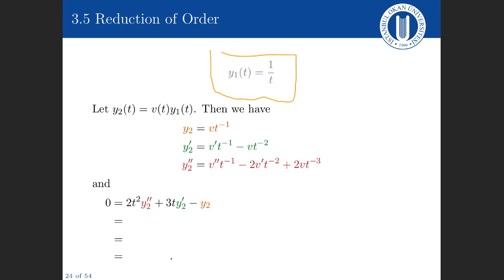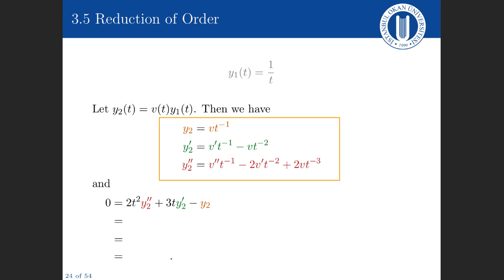Here's y1. y1 is 1 over t. We're going to start with the guess y2 is equal to v multiplied by y1. So we start with y2 is equal to v multiplied by t to the power minus 1.